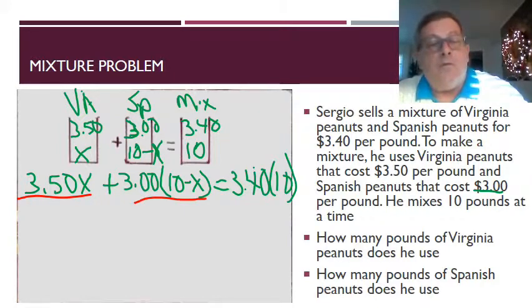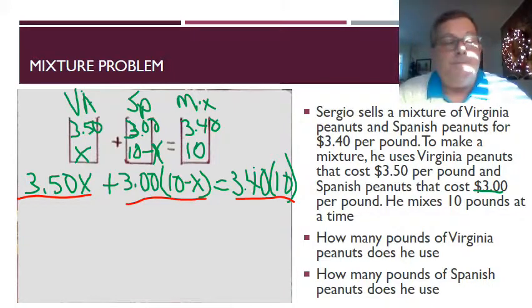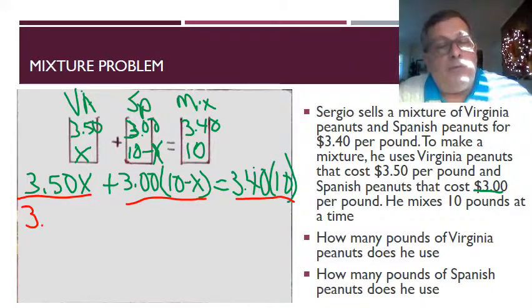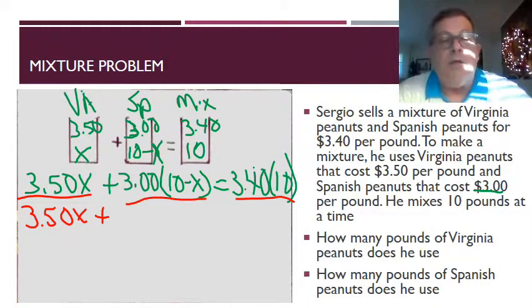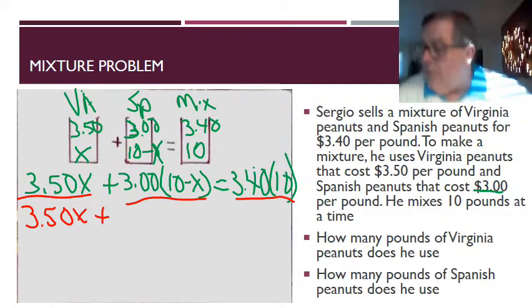350x, 3 times 10 minus x, and 340 times 10. Okay, well, I'm still going to be left with the 350x over here for the time being. But now, on the second set of terms, I'm going to have to distribute the $3 times the 10 and the minus x. Well, when I distribute the 3 times the 10, I'm going to end up with 30.